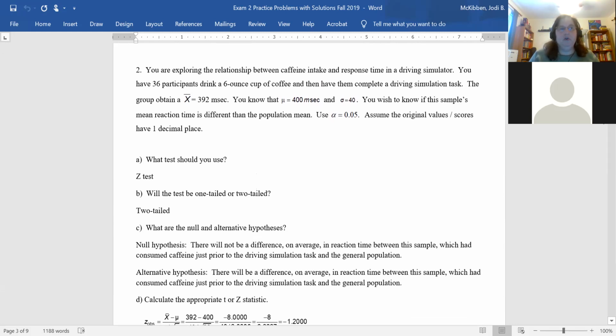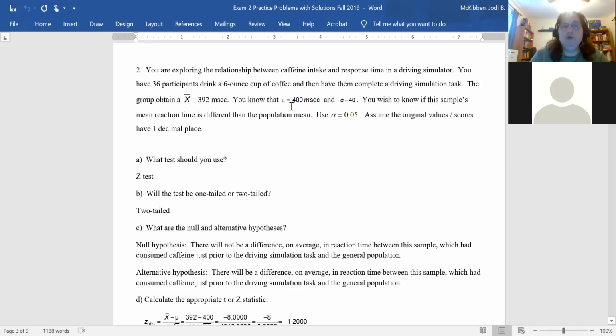Okay, so in this one, it's the z-test, and how did we know that? Well, let's see. You are exploring the relationship between caffeine intake and response time in a driving simulator. You have 36 participants drink a 6-ounce cup of coffee and complete a driving simulation task. The group obtains a sample mean X bar of 392 milliseconds.